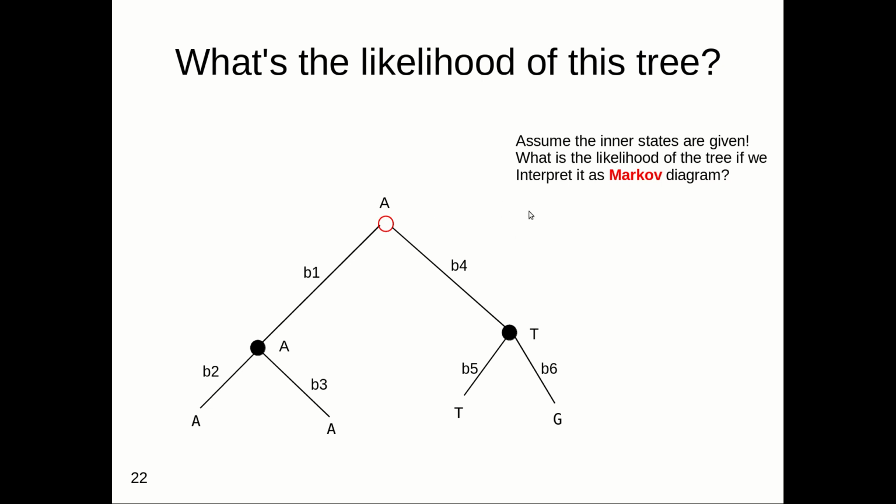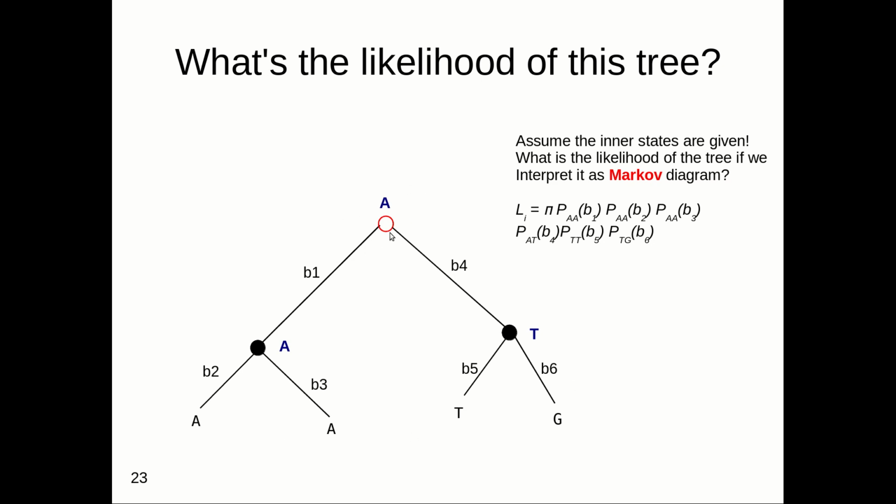It's very simple. The likelihood of this tree for this specific alignment site is just the prior probability of being in state A at the root, so in the starting state. Keep in mind that we're considering this as a generating process. So what is the likelihood that this tree generated the observed sequences here?